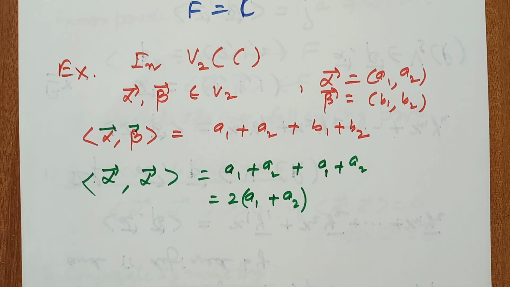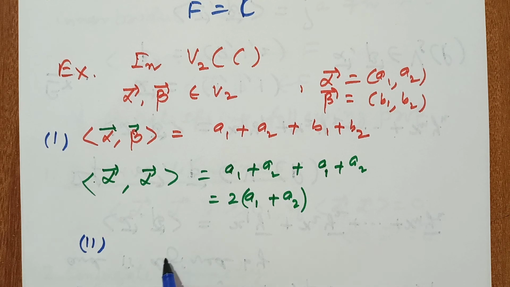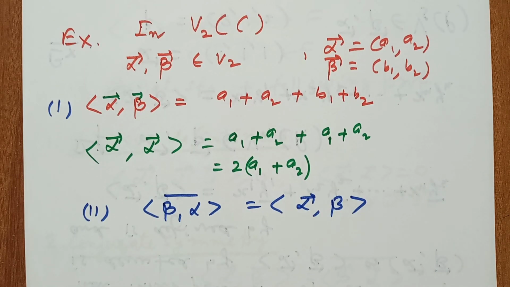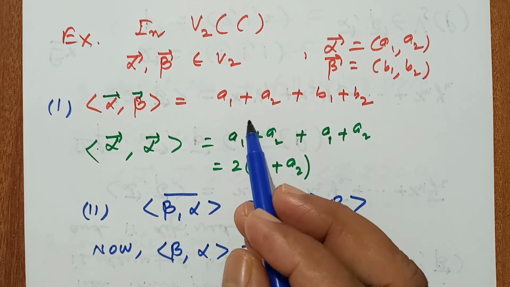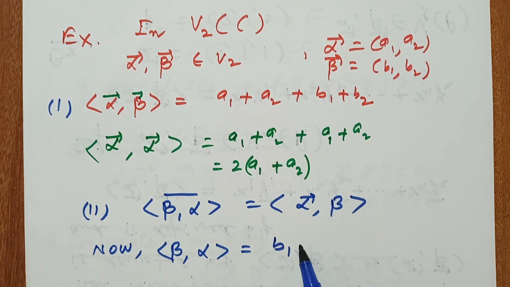Now the second is conjugate symmetry. What is conjugate symmetry? Conjugate symmetry means the conjugate of the inner product of beta and alpha equals the inner product of alpha and beta. Here we test whether this condition is satisfied or not. If alpha beta is a1 plus a2 plus b1 plus b2, then beta alpha is b1 plus b2 plus a1 plus a2.